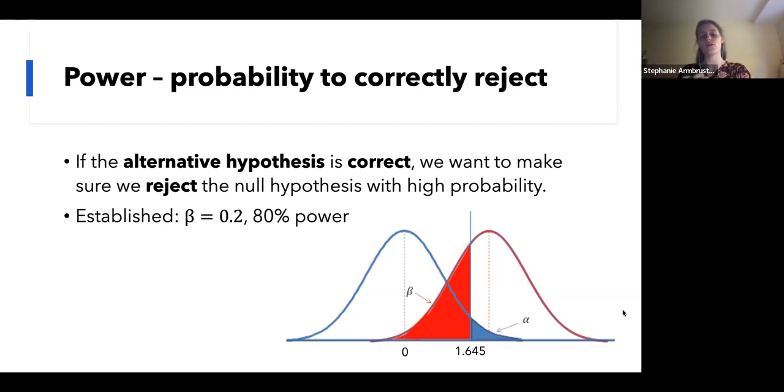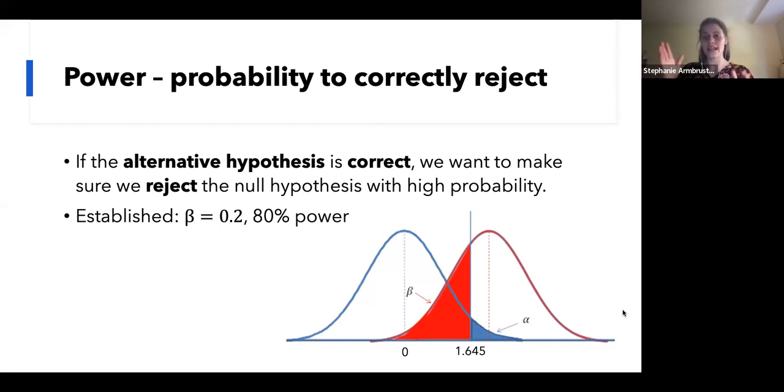Now you can see in this case, the red highlighted region would be the region in which, because we lie below the threshold, if our t had a value within that red area, we would not decide for the alternative hypothesis. We would not reject the null because it lies below our threshold.